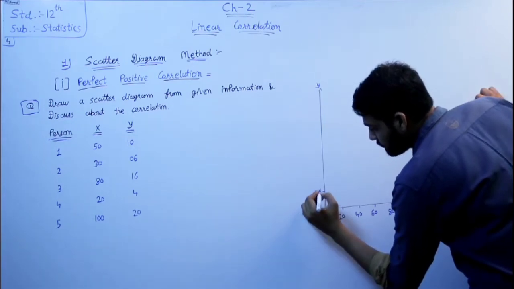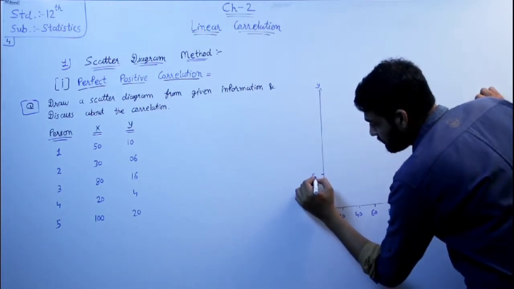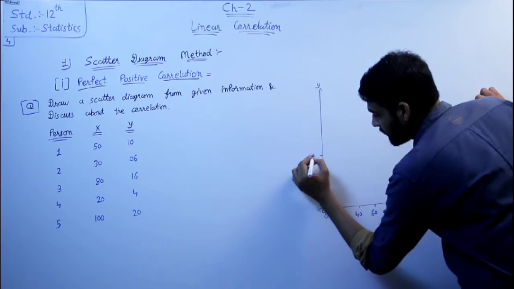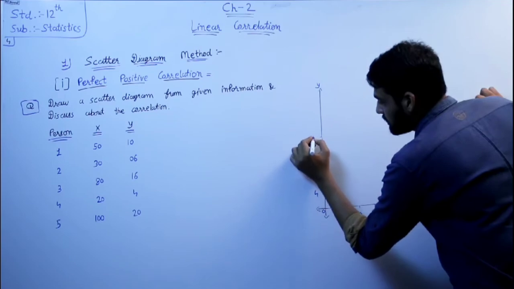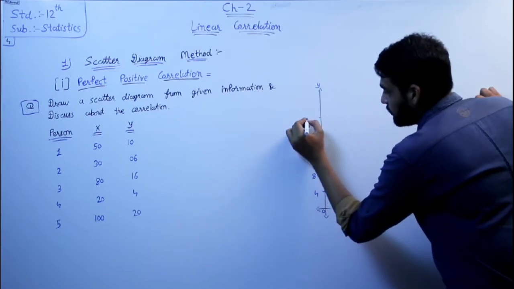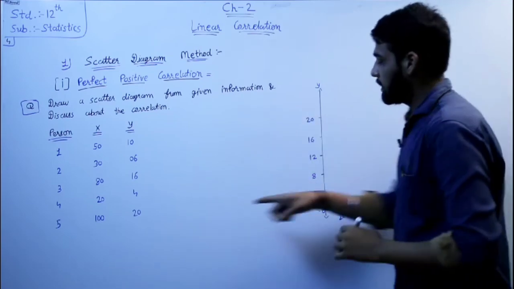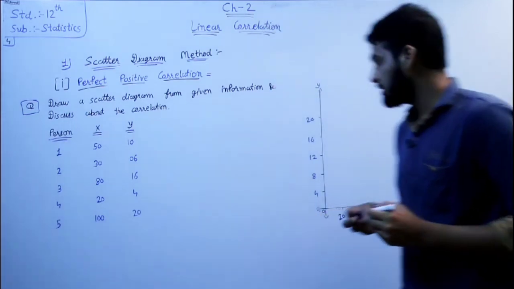So the first value is 4, second is 8, third is 12, fourth is 16, fifth is 20, because the maximum value of y is 20.